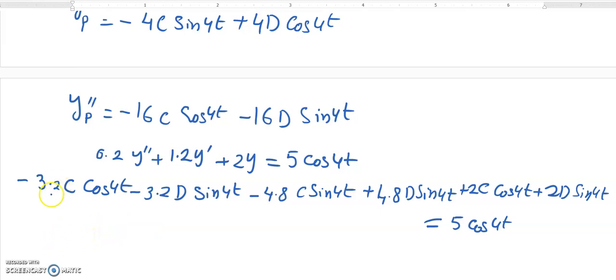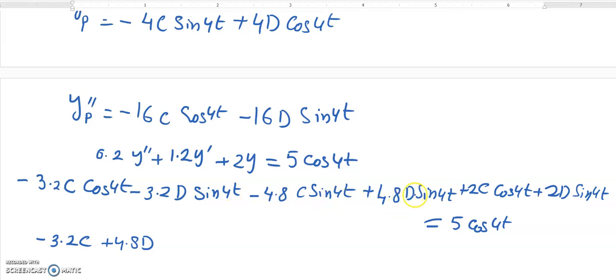Now we will collect the coefficients. First we take the coefficients of cosine of 4t. So minus 3.2c, and then plus 4.8d.